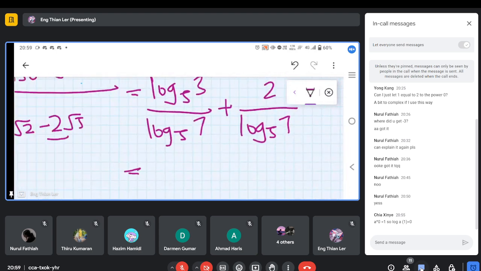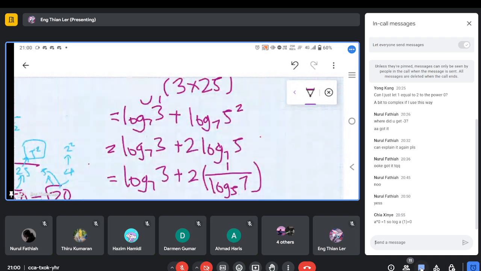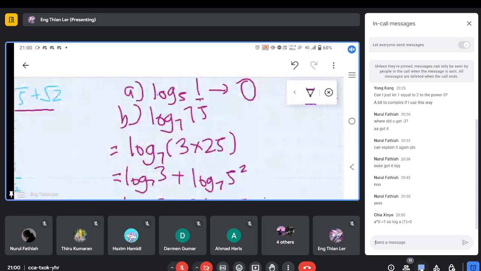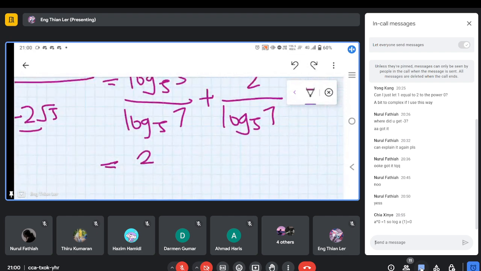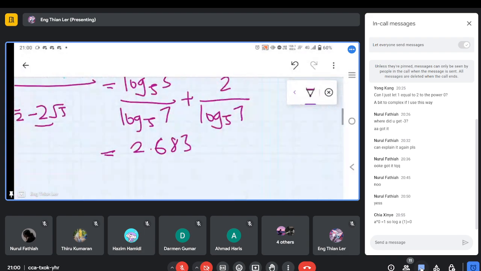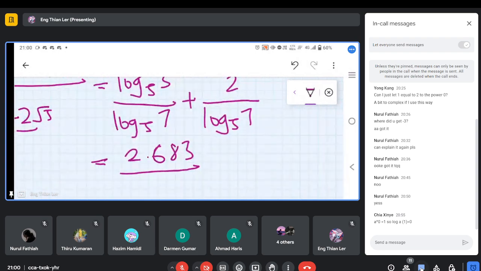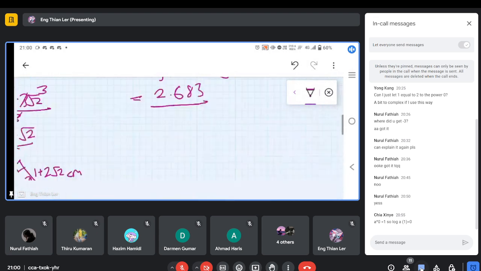And then we have 2 plus what? 0.683. It will be just 2.683, right? 2.683. Okay. Divide by the log 7 base 5, 1.209.